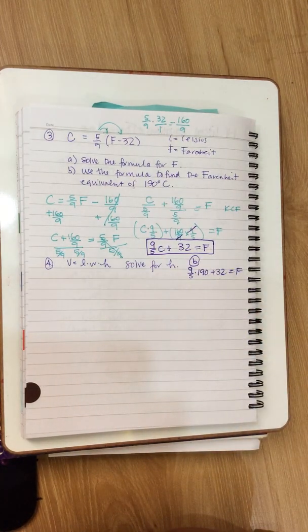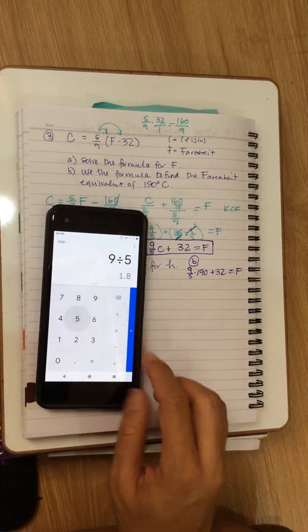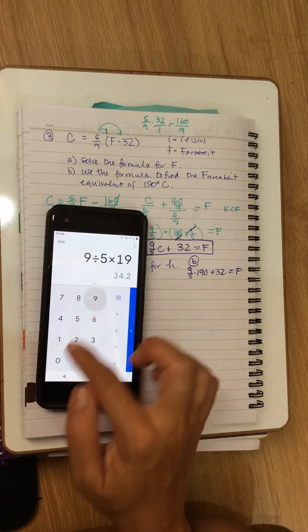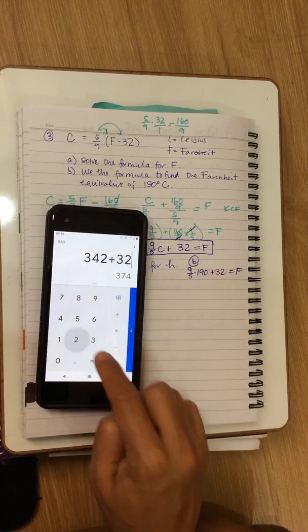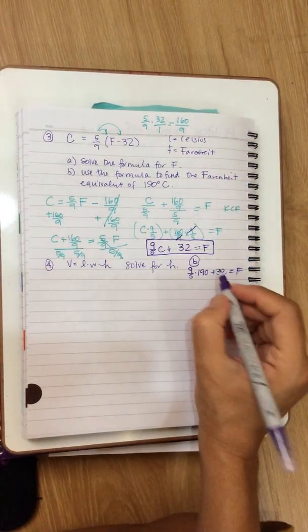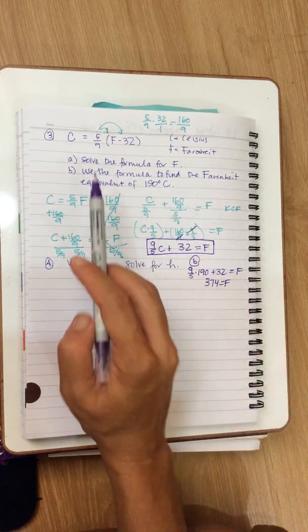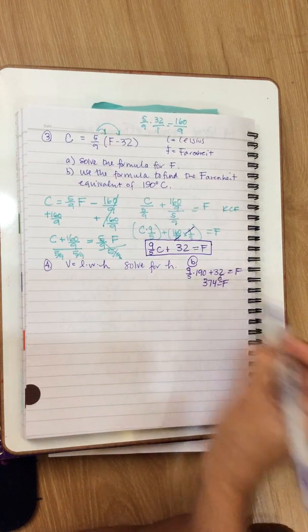Well, let's just do it here to save time. 9 divided by 5, times 190, plus 32, equals 374 degrees. So 374 equals F. So we just found out if your oven says 190 degrees Celsius, it's equal to 374 degrees Fahrenheit.